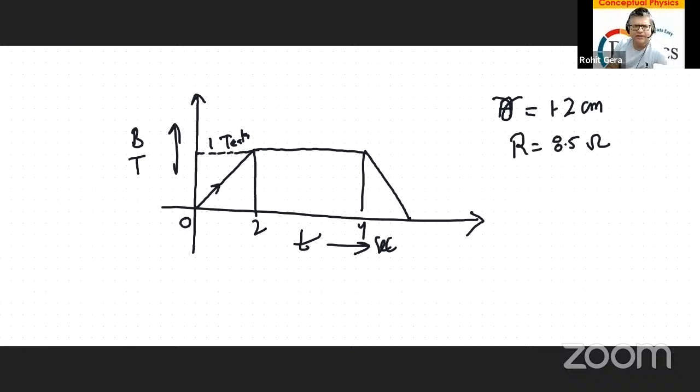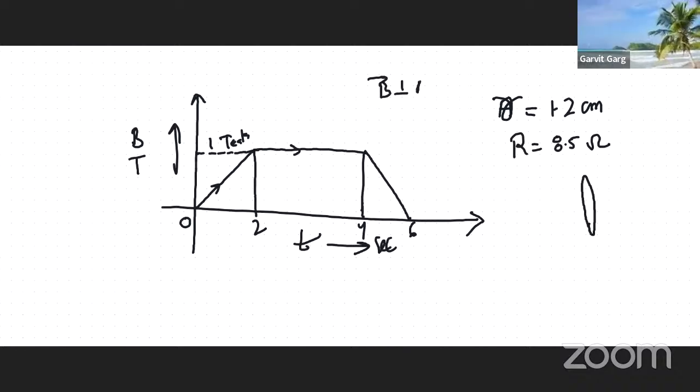Then it becomes stable, and then it again decreases from 4 to 6. Okay, so it says this magnetic field is being thrown at a circular coil, and the magnetic field is also given to be B is perpendicular to the coil. So which means it is parallel to A.